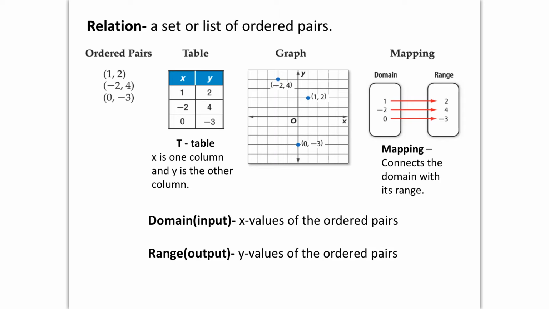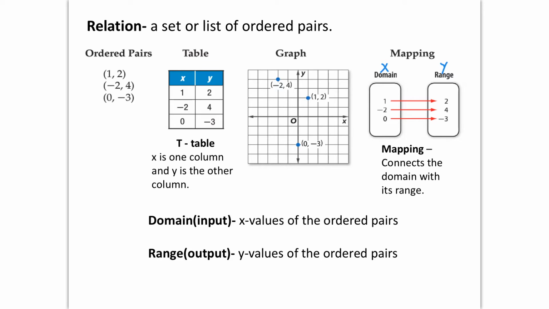Now, when you have a mapping, you are going to have kind of like a bubble here. You write down the x values in one bubble, which are the domain, and the y values in your range. I'm going to put that on the top so you remember x is domain, y is range.